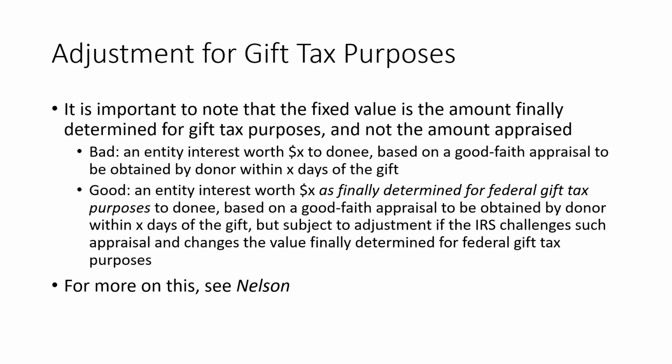Now, for more on this, you can see Nelson, which was kind of a weird case to really wrap your head around, but really the IRS's gripe was that without using the magic words as finally determined for federal gift tax purposes, there wasn't a transfer of a fixed dollar amount, there was instead a transfer of a percent ownership in an entity, which was subject to adjustment and could increase the gift tax ultimately paid.